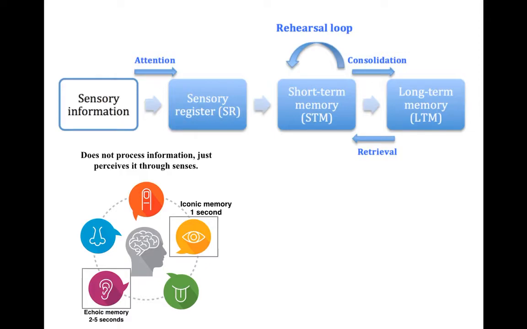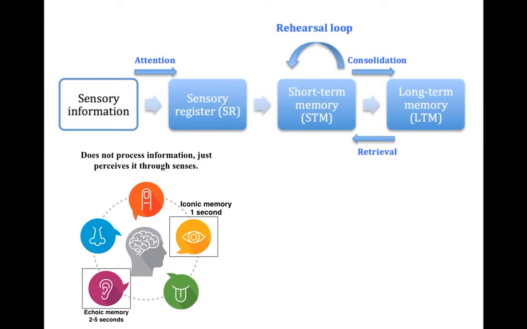One needs to pay attention to information in the environment for it to be encoded into the short-term memory, which is the second component. For example, if I was reading for a test, and I'm sure this is something you can relate to a lot, I was studying all of my notes that I made in class, and even though I'm reading through it, my attention is really on the anxiety that I'm experiencing that I might not pass my test.